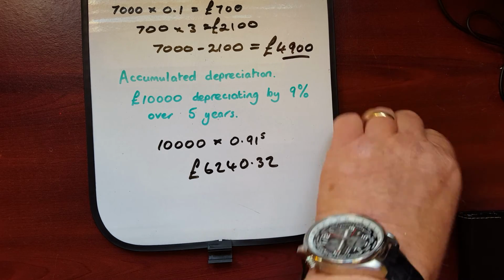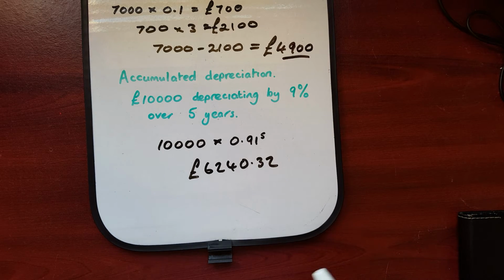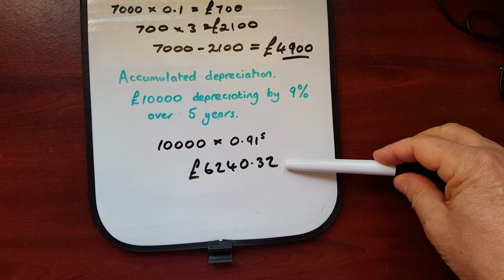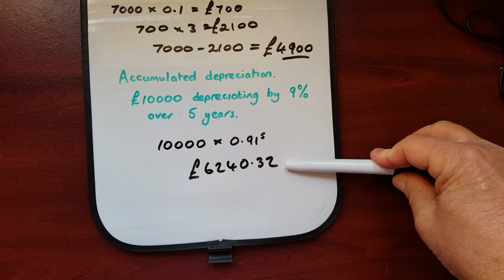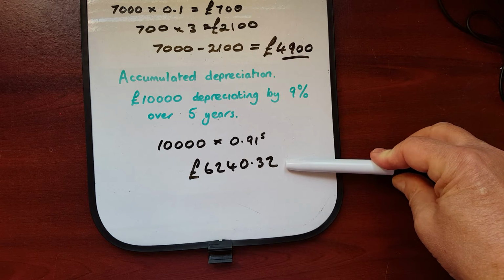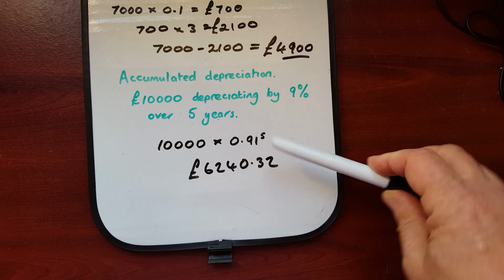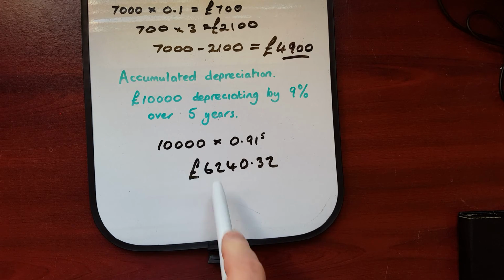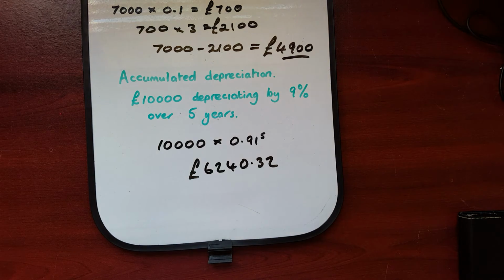It tells us what we're going down to. It started off at that amount, and by the end of it, it's gone down to this amount. If you want to know how much depreciation there was, it's simply 10,000 take away that, and it'll tell us how much we've lost. But the questions usually ask you how much something is worth.